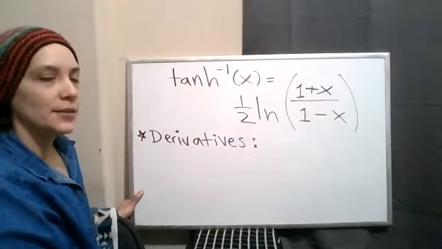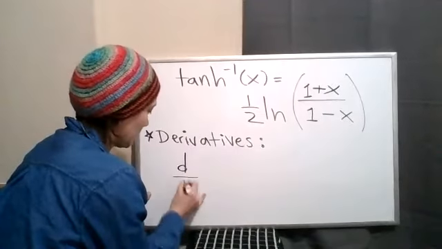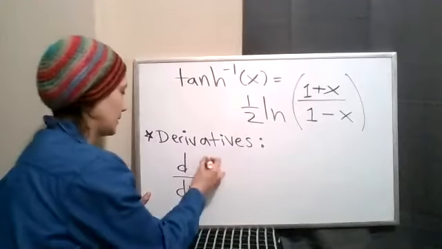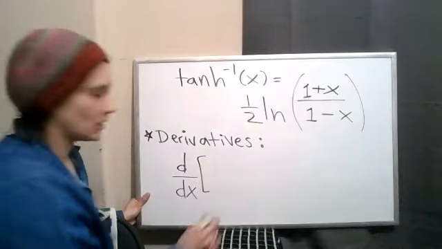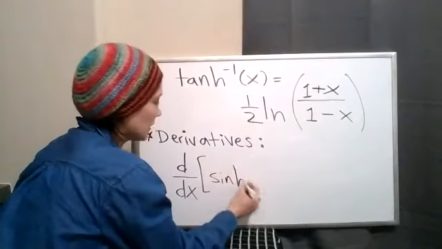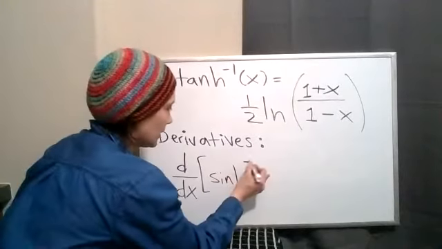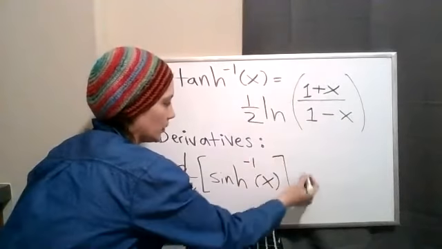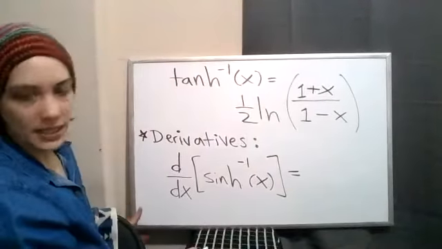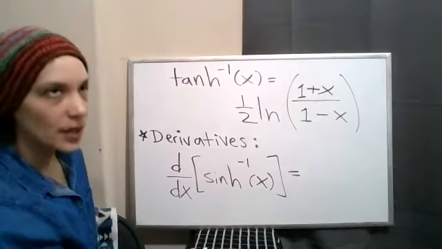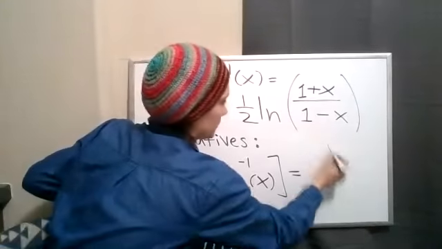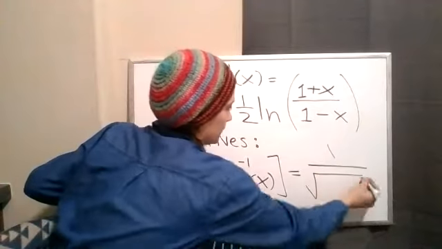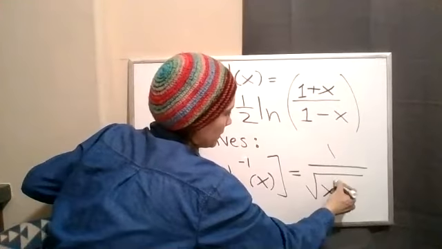The derivative with respect to x of sinh inverse of x: d/dx of sinh inverse of x will be 1 over the root of 1 plus x squared, or x squared plus 1, same thing.